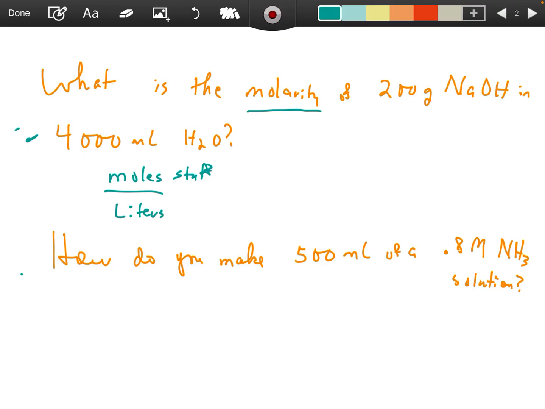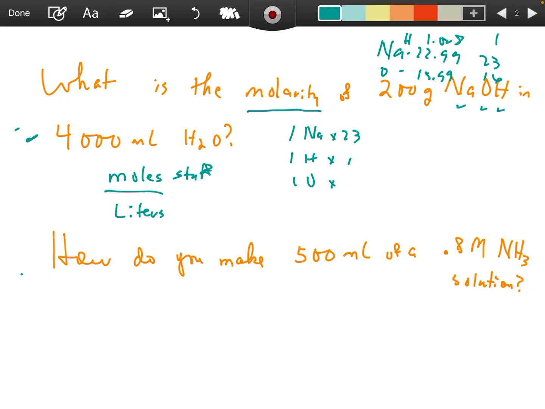From the periodic table, sodium is 22.99, oxygen is 15.99, hydrogen is 1.008. That's going to be a 1, a 23, and a 16. You've got 1 sodium, 1 oxygen, 1 hydrogen, times 23, times 1.